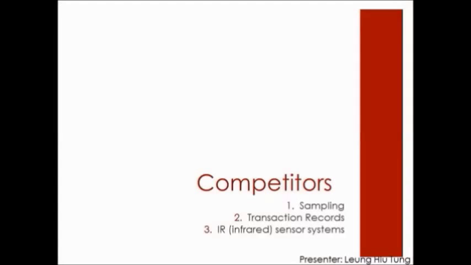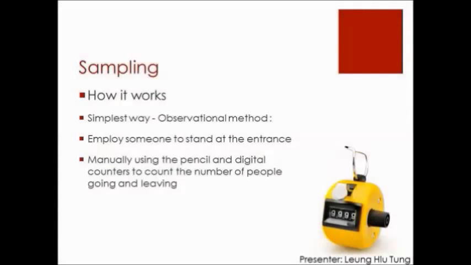Then, let's talk about the competitors of the face counter. There are three main alternatives to it, which are sampling, transaction records, and IR sensor systems. Sampling is the simplest way to count the number of people, as it mainly relies on observation with fewer technologies.